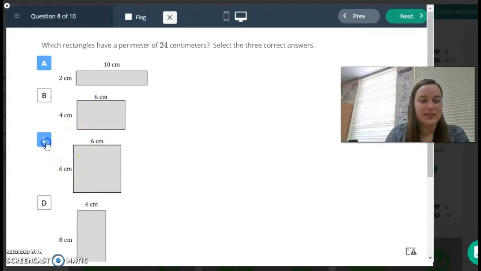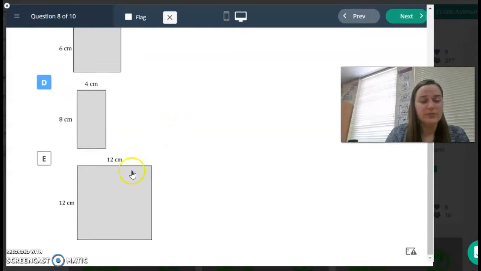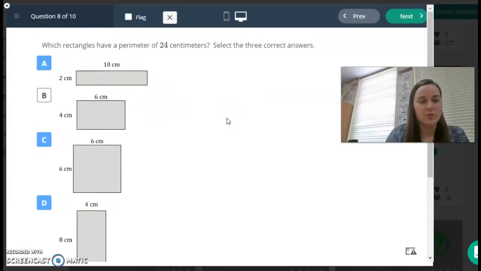Yep, let's click it. 8 plus 4, is that 12? Yes, it is. So I'm going to click it. And just to make sure, let's look down here. 12 plus 12 is way more than 12, so E does not work. We scrolled all the way down, so these are our options. We have found 3 correct answers. We're all done with number 8.